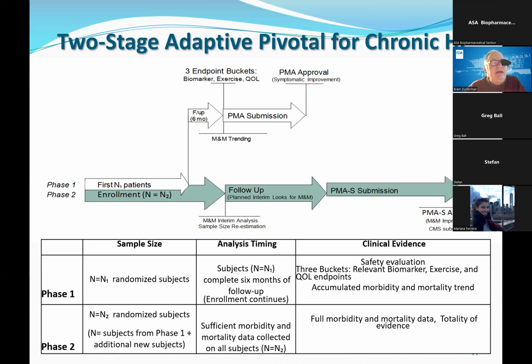Because certainly this is another important consequence of an effective heart failure treatment. And frankly, the insurers are looking for this type of data before usually they will reimburse a company for a new device treatment. Next slide, please.